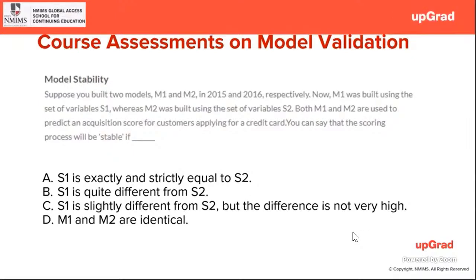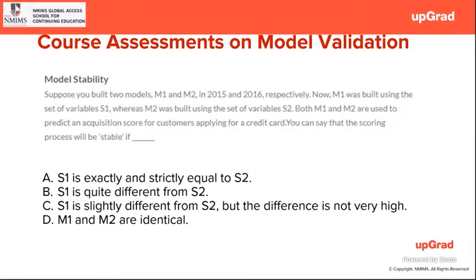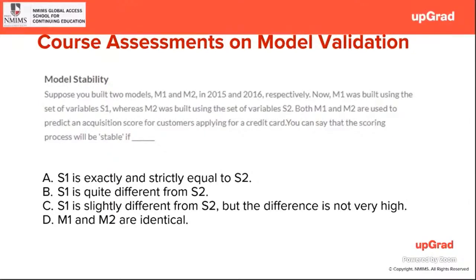So I think the context in the question is about the stability of the model and not really about the variables. And D does not really say that they need to be strictly the same. It just says it's identical, and identical meaning both of them are synonymous considering their own set of variables. If they are identical, then why do we need S1 and S2? So despite having different kinds of variables, the models are still able to generate similar predictions.